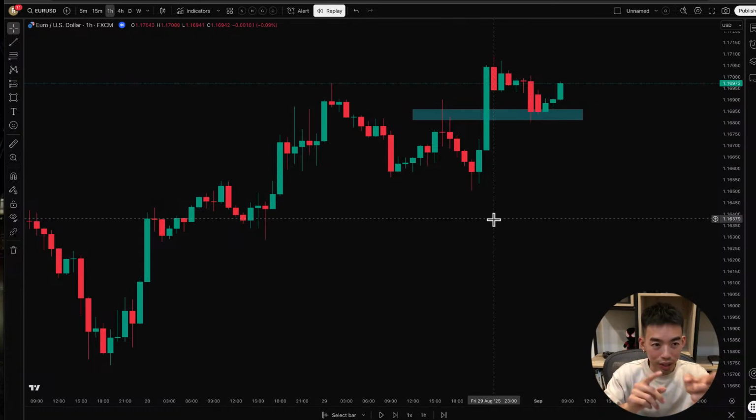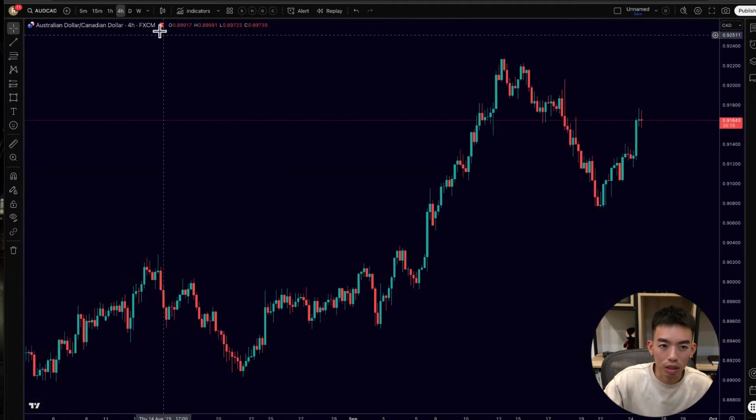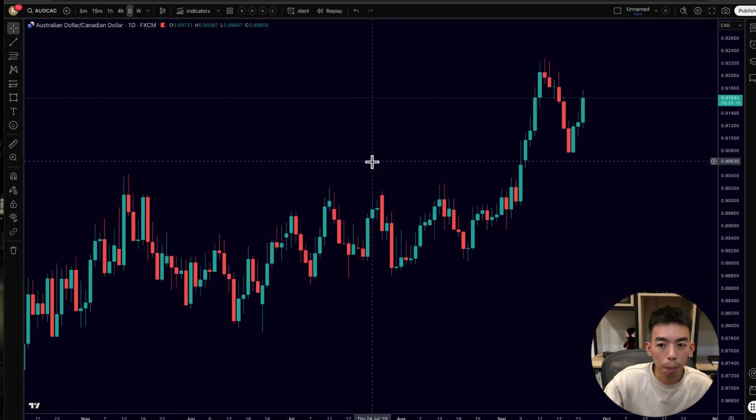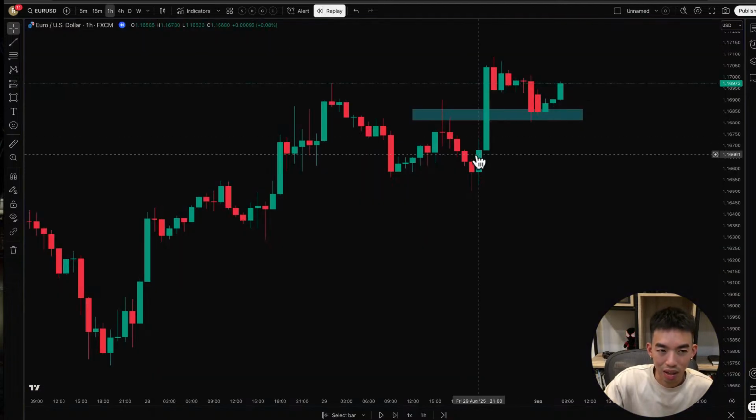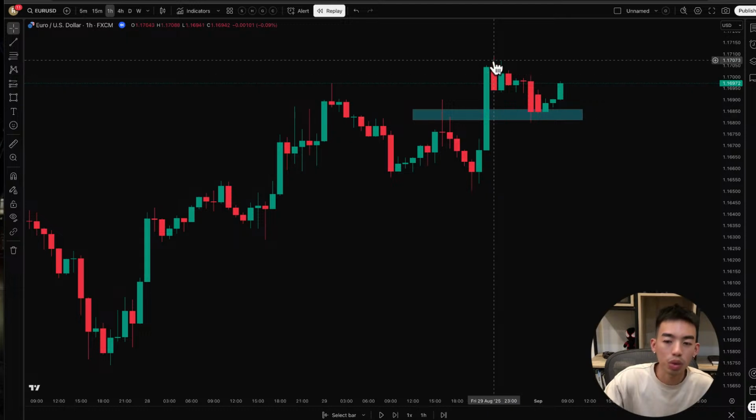Here I'm using the 1 hour time frame. Earlier we were looking at the daily time frame, correct? Now notice that this breach here and the breach on AUDCAD on the daily time frame, if I remove the time frame label and whatever is showing up here, both look very clean. Even on EURUSD, this breach towards the upside.